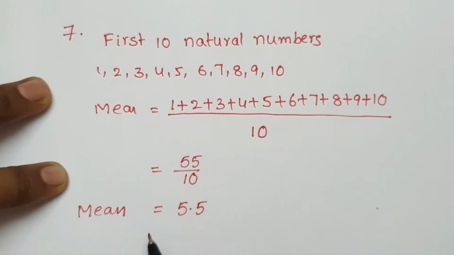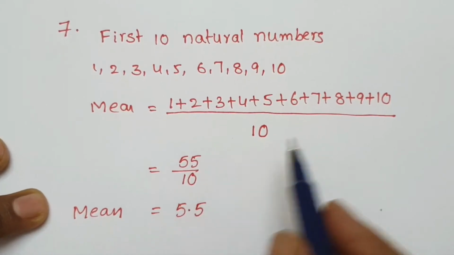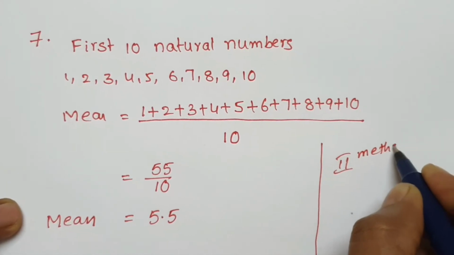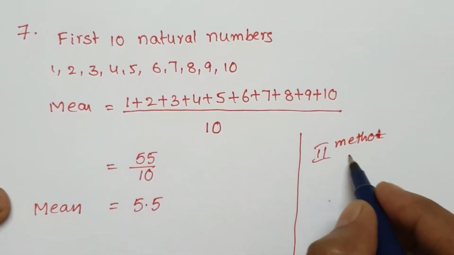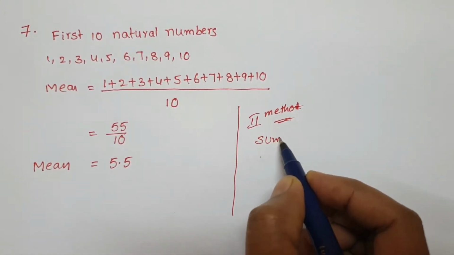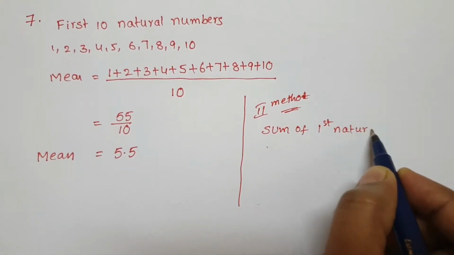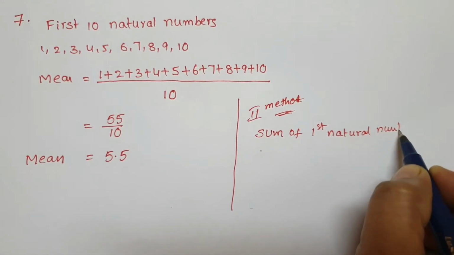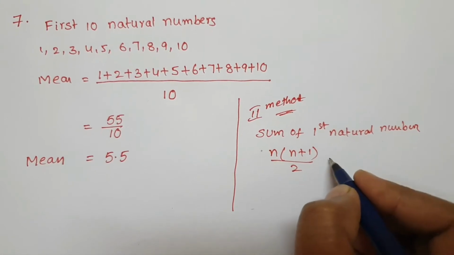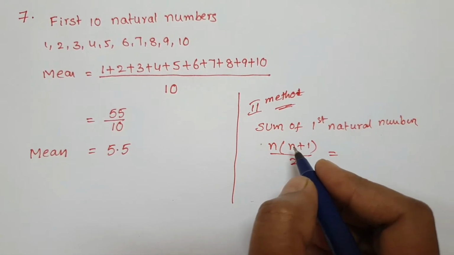Here another method is there, the formula method. Second method, formula: sum of first n natural numbers is n into n plus 1 by 2. Here n means number of observations.